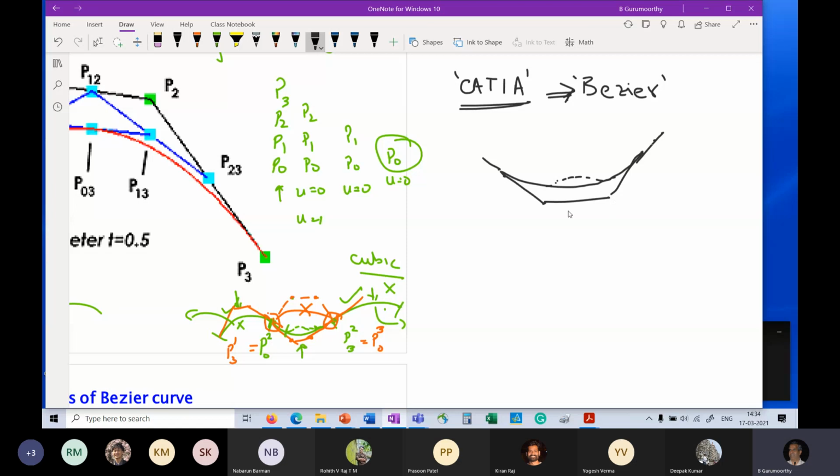So the only way is to manipulate this curve by defining a new control polygon, which will have these points. Let me call this P0,2, P1,2, P2,2 and P3,2.